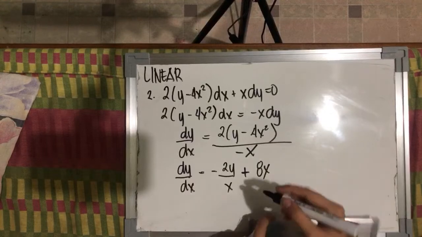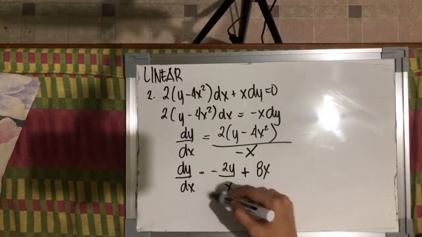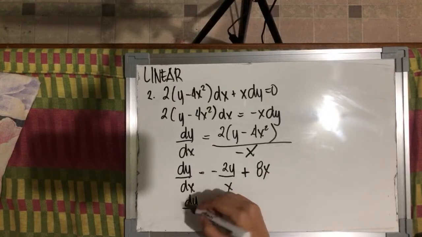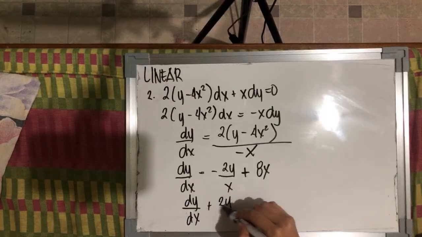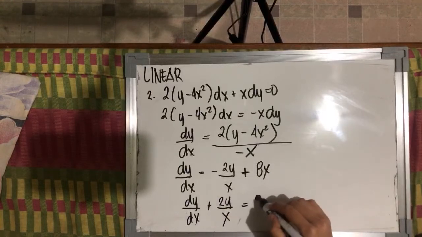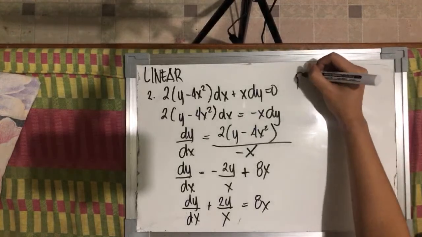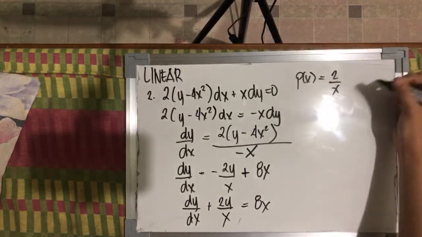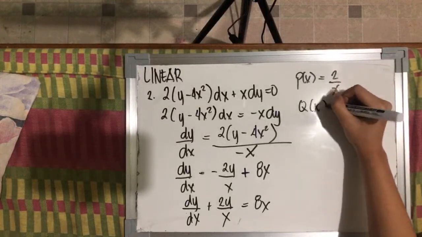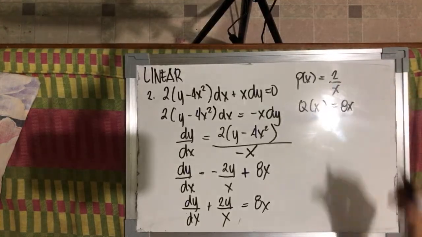With that, I'll transpose this again so it's the same as our standard form. dy over dx plus 2y over x is equal to 8x. So, our p of x here is 2 over x, and our q of x is 8x.